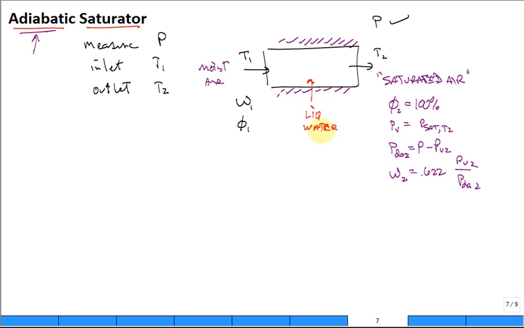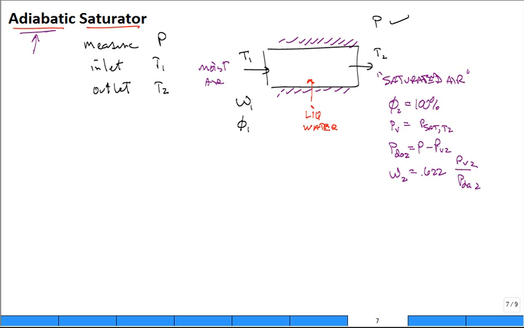So for the adiabatic saturator to develop these almost magical equations so that you can calculate phi and omega on the inlet stream, what type of balances do you need to do? Mass balance, dry air mass balance, water mass balance. So 2 mass balances plus an energy balance. That's all you have to do. The math will work itself out.